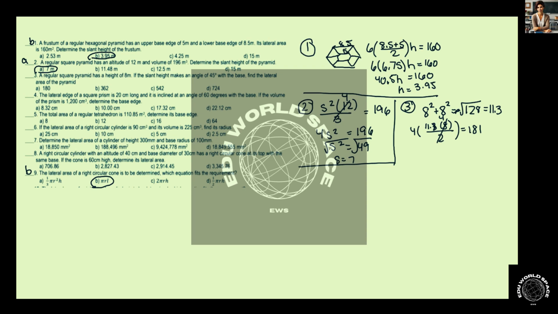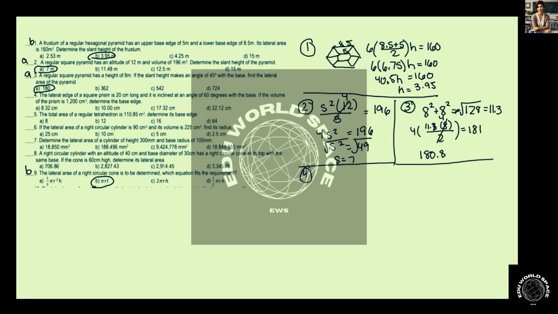That's 180.8. And then number 3, the answer is 180. So that's A. Then for number 4, the lateral edge of the square prism is 20 centimeters long. It's inclined at an angle of 60 degrees with the base.